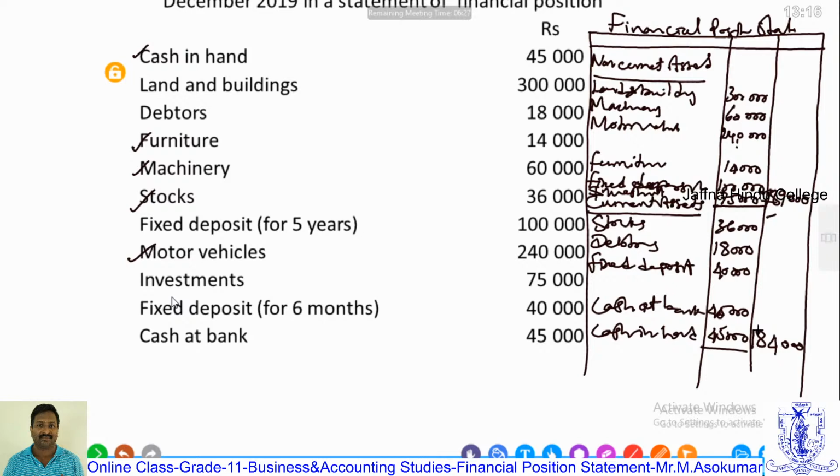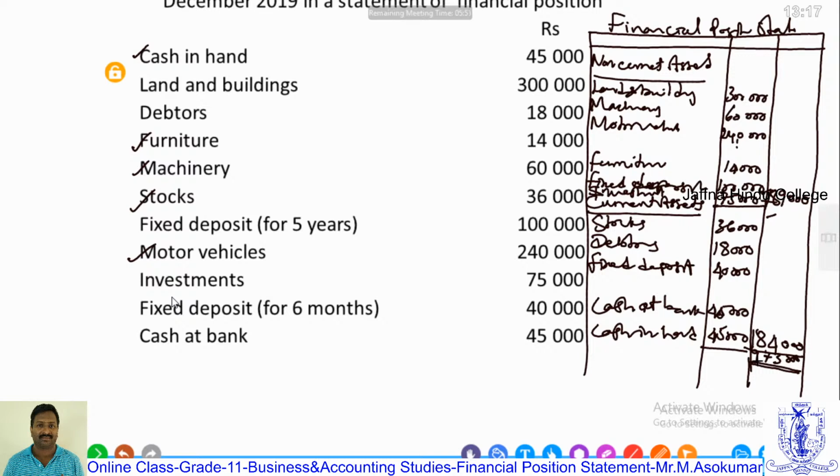Altogether, the non-current assets and current assets total gives the total assets value, 973,000. It is a part of the financial position statement, which only presents assets.